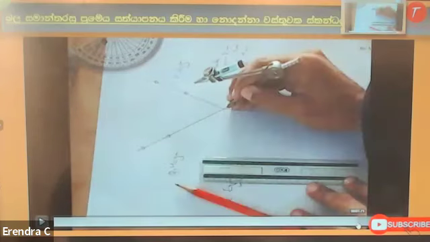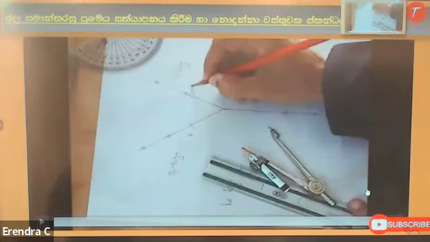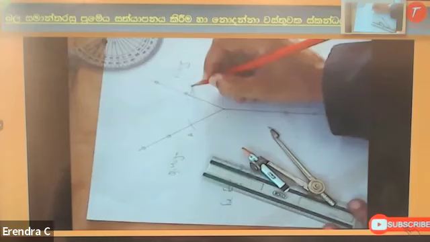Right, there you go. Circular arc is drawn using your compass.